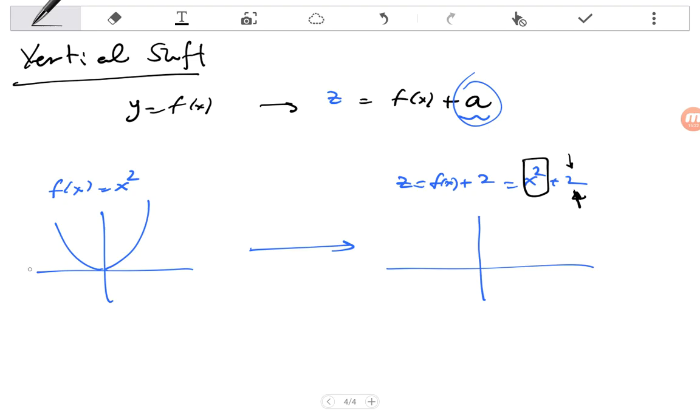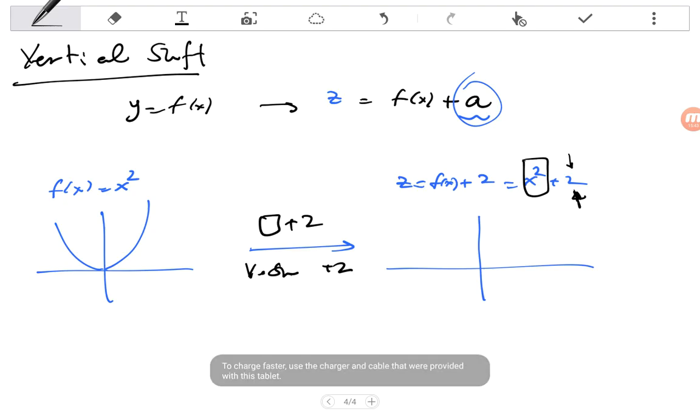So in this case, that will be a vertical shift. Taking the function plus 2, what does that mean for me? It means a vertical shift plus 2. Now remember, in the horizontal shift, I shifted in the opposite direction of the number.